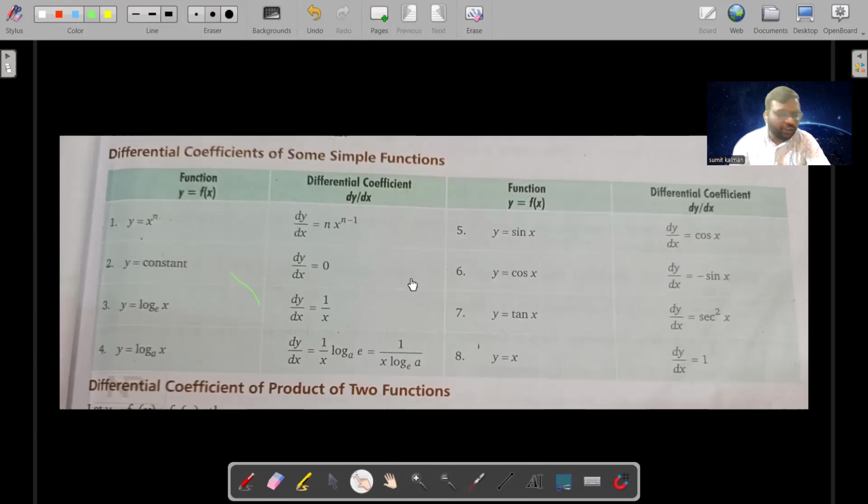Now next students, we will see the differential coefficient of product of two functions.